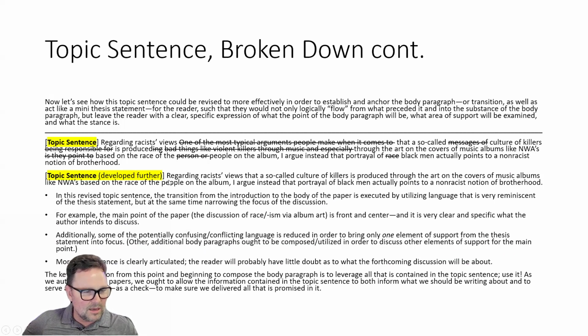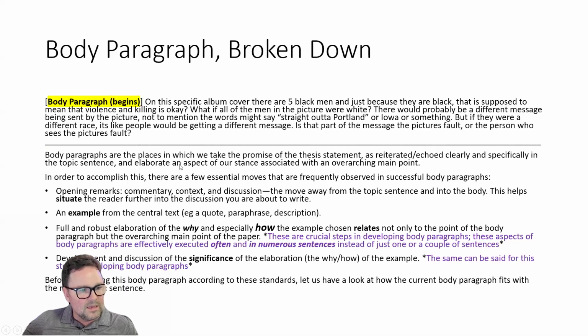So let's go back to our topic sentence. Racist views that a culture of killers is produced by, in this case, the folks that are on the cover of this album. If that's what's going on here, where is the discussion of why and how?